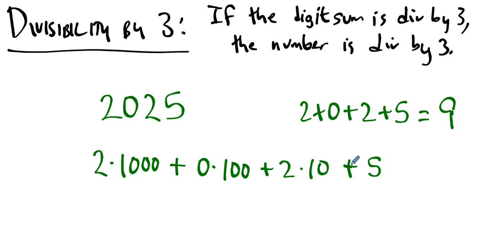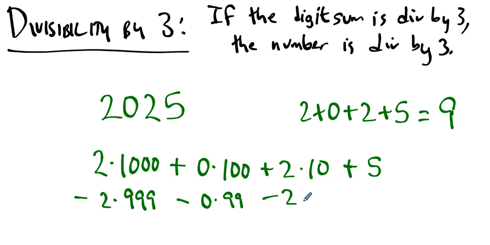Well, what I'd like to do is remove as many 3's as I can. So we're going to remove 999 of the 2's. This is surely a multiple of 3. And we're going to remove 99 of the zeros, I suppose.